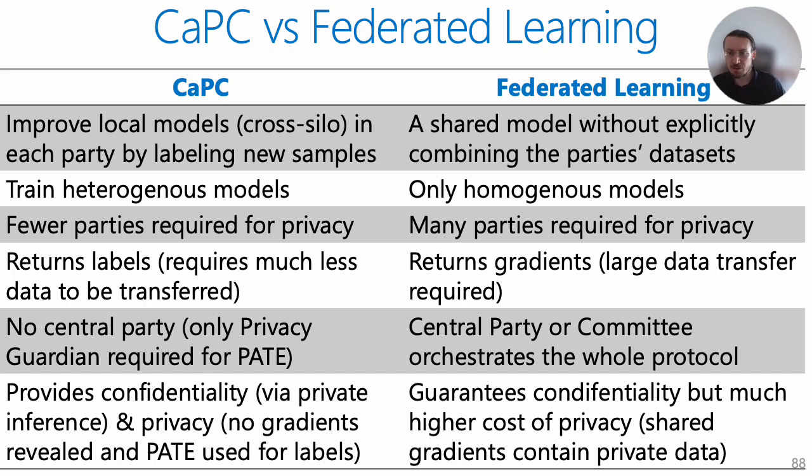In Capsi, there is no central party, so we don't have a central party that can orchestrate the whole protocol. In federated learning, what we saw is that we can also have a similar setup, for example, as in peer-to-peer learning, where instead of just collaborating parties and a single server, we can have a committee, which aggregates the labels, and the committee is selected randomly from the collaborating parties.